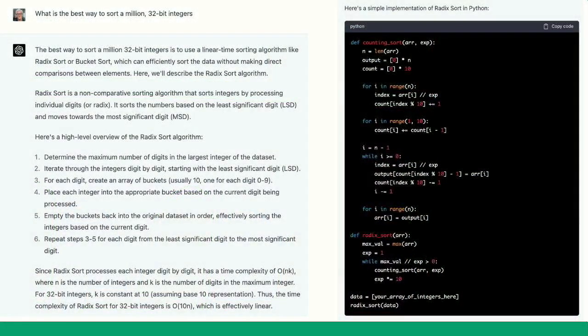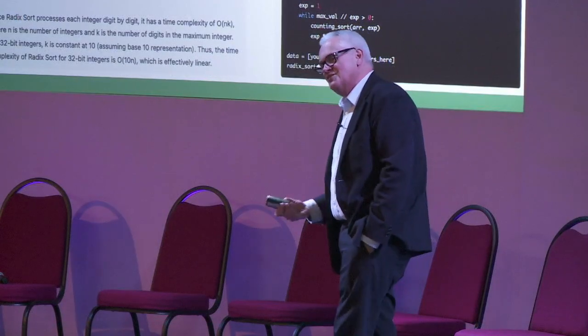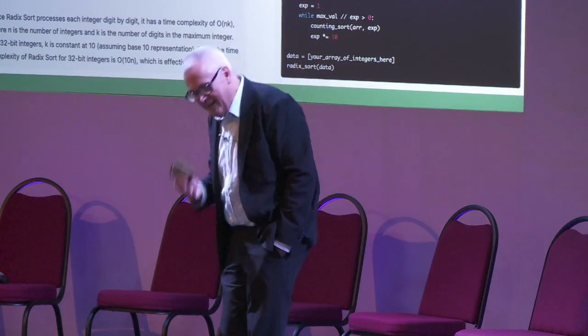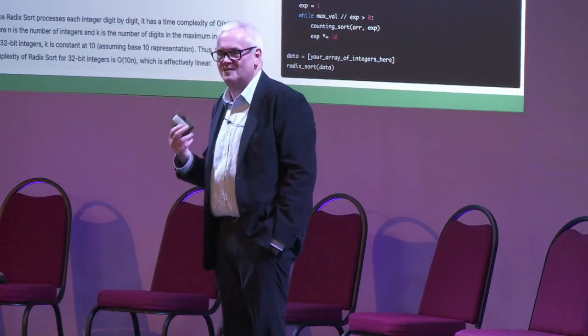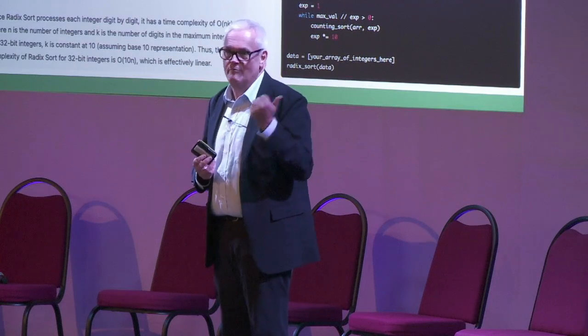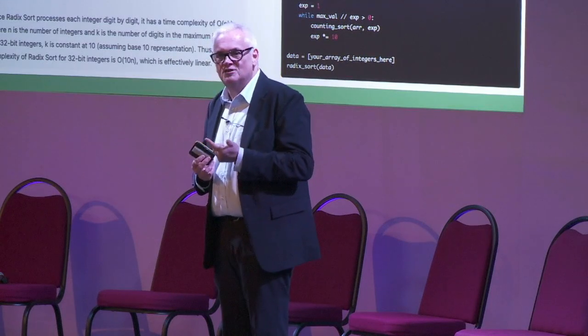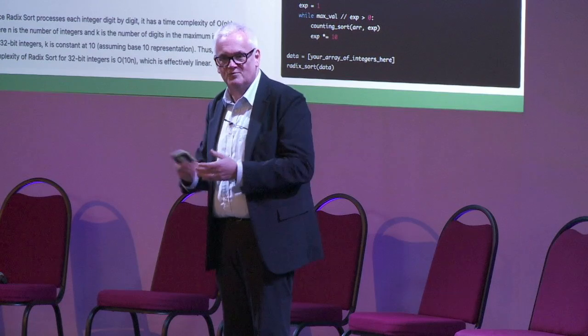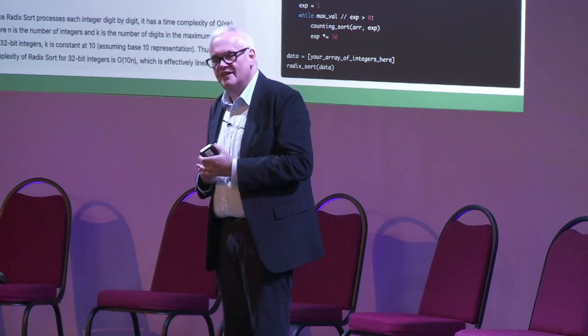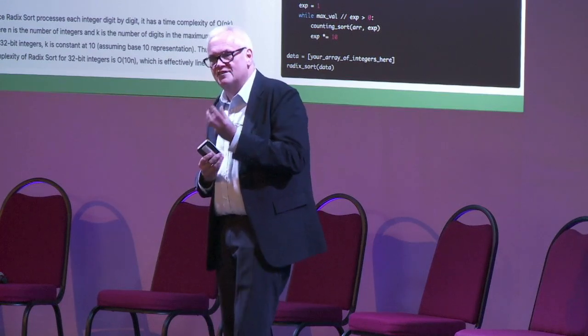And, famously, Obama, when standing for president, was asked, what's the best way to sort 1 million 32-bit integers? You ask your A-level computer science students this question, and they will say either merge sort or quick sort, which are really good answers to what's the best way to sort a large number of things. It's the wrong answer to this question.